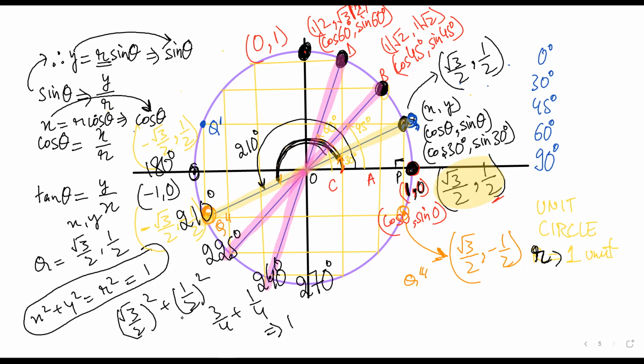Do you see how powerful this unit circle is? You can see all the values with the help of this unit circle. Any doubt till here? No. And you can use basic geometry. In the previous lecture I had proved this also, but now you just need to trust me. This is 30 degree.